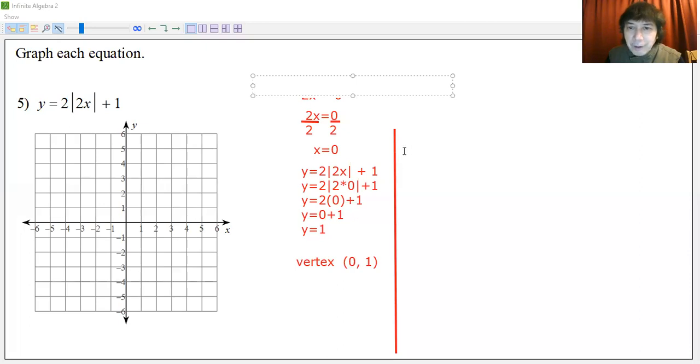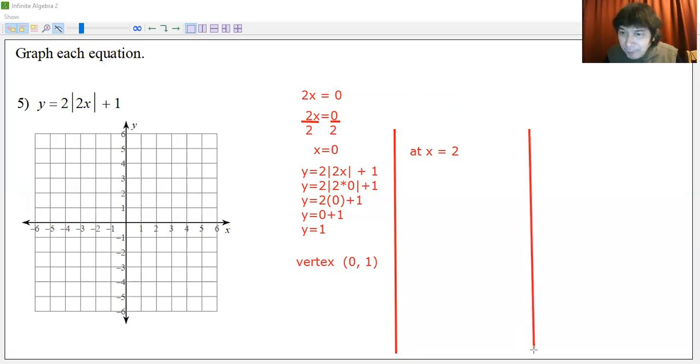Let's have the value here at x equals positive 2, and then we shall select another value of x to the left of 0. That would be -2. So we shall place another fence here and then put that value so that we will be ready after a while at x equal to -2. That will be our next value of x. Now, just the same, we will be using the same equation.